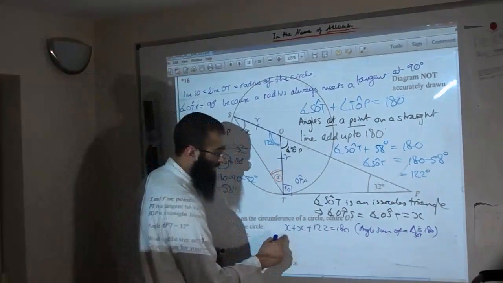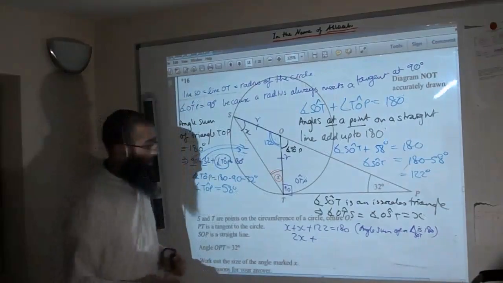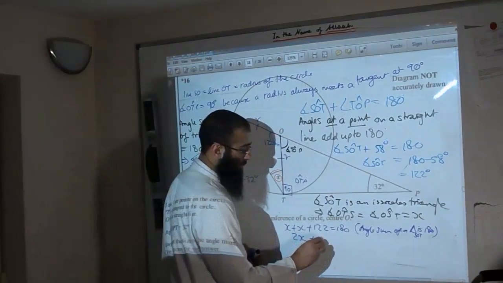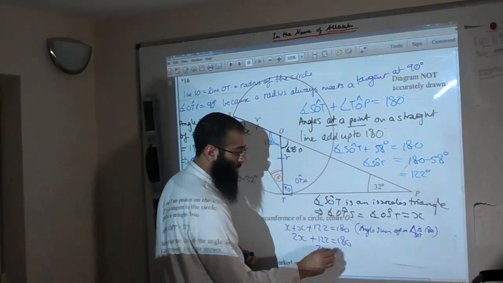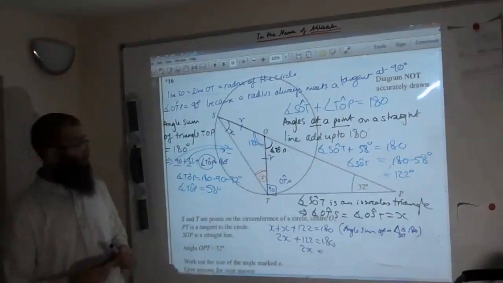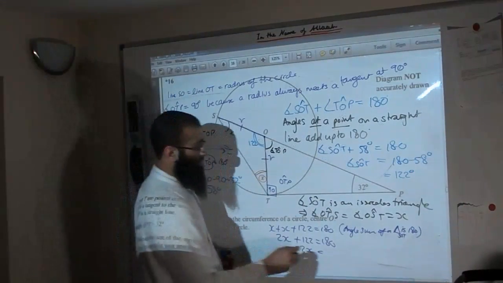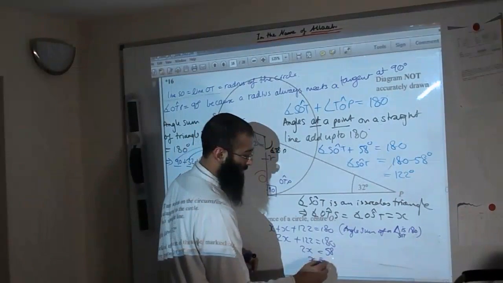Right, now let's look at x. So x plus x is 2x. So 2x plus 122 is equal to 180. So 2x is equal to 180 minus 122. What's 180 minus 122, ladies? That gives us 58. And then divide that by 2. 29.